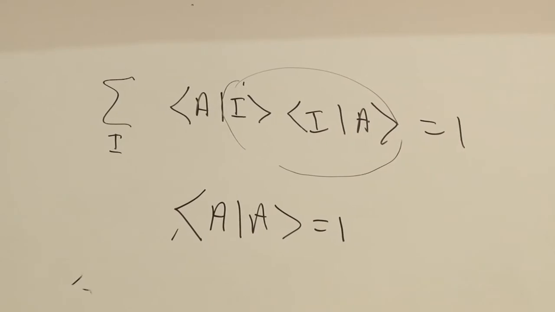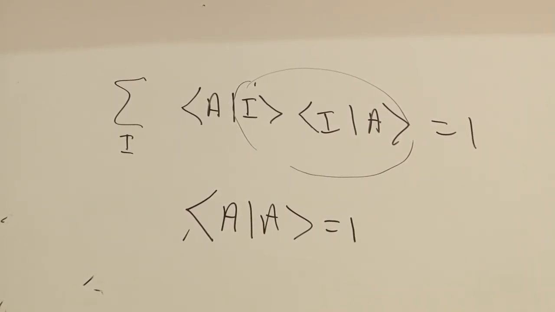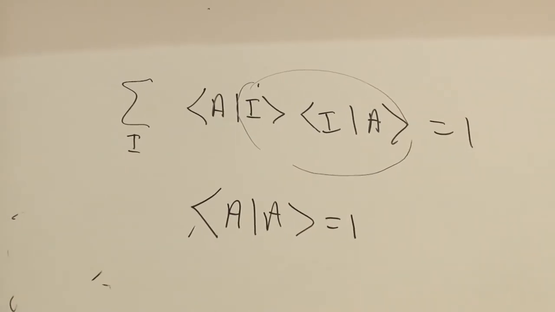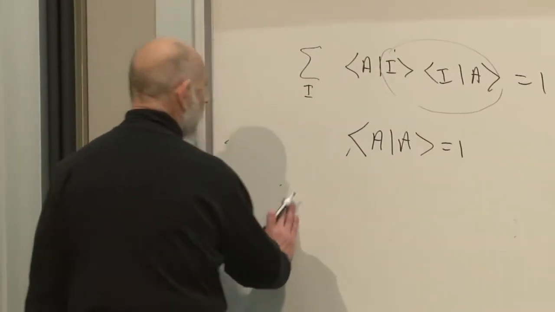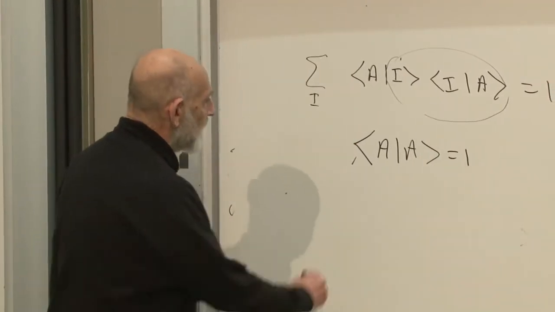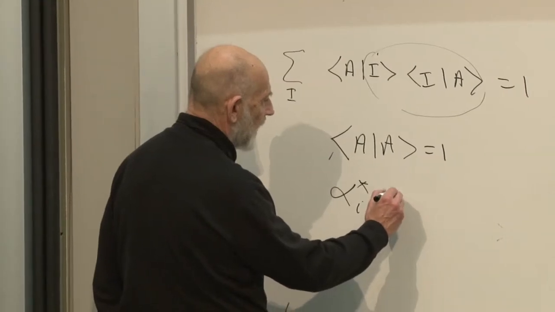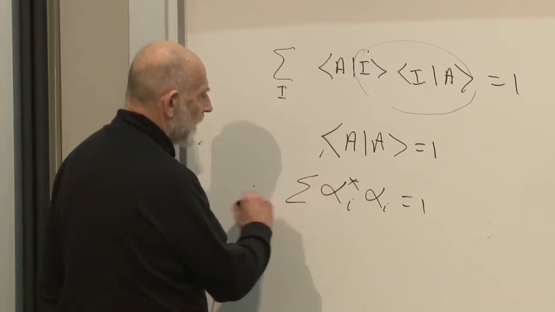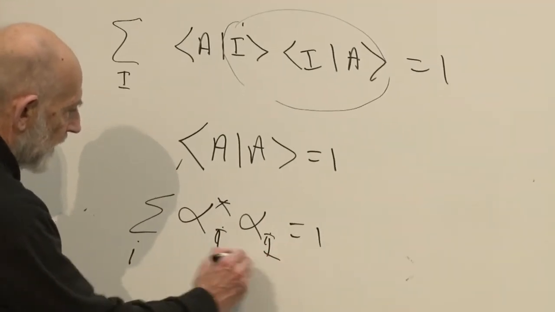This says the sums of the squares of the components of A add up to 1. For ordinary vectors, that would just say the length of the vector was 1, and that's what this says. The length of A is equal to 1. It's equivalent, in terms of the alphas, to the sum of alpha star I alpha I equals 1.